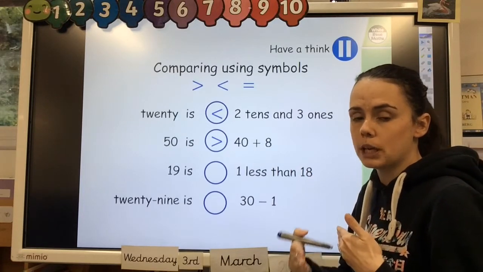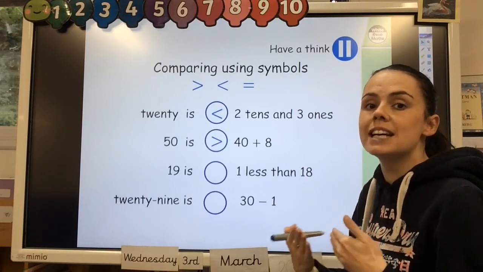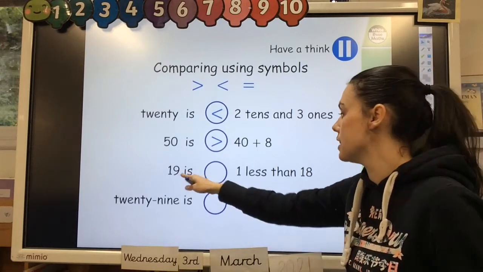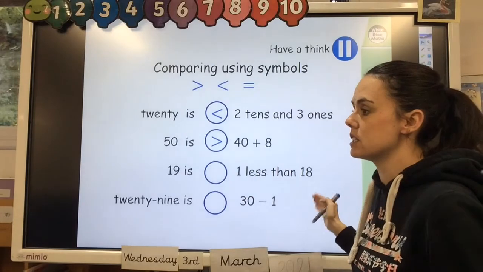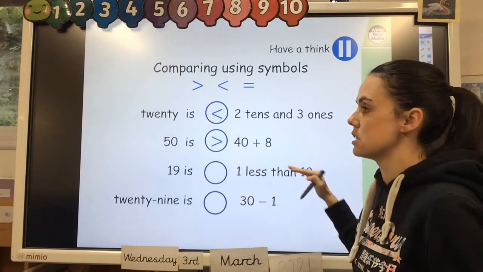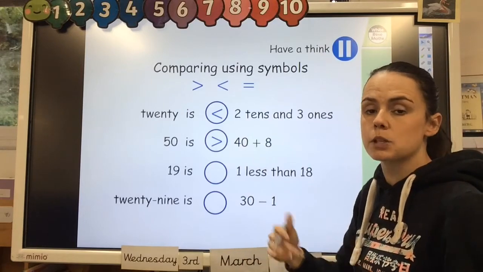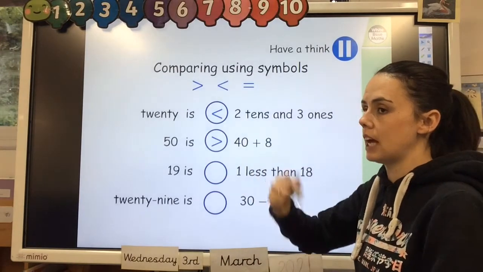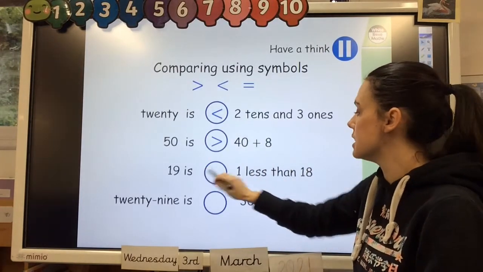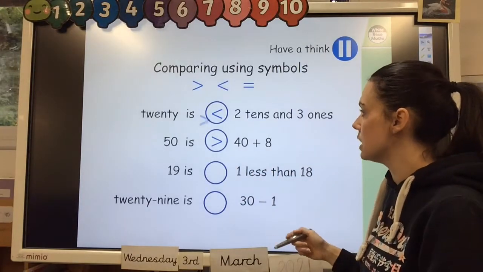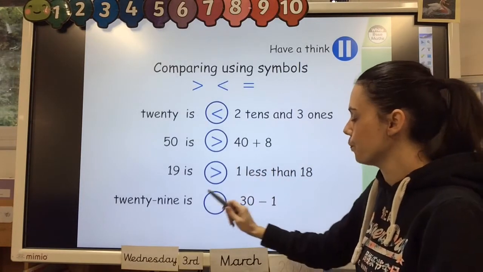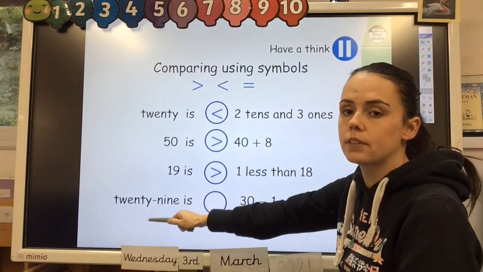The number just before 18 is 17. So 19 is something to 17. So 19 is bigger than, because it goes 17, 18, 19. So we know 19 is bigger than 17. Now down here we've got words again.